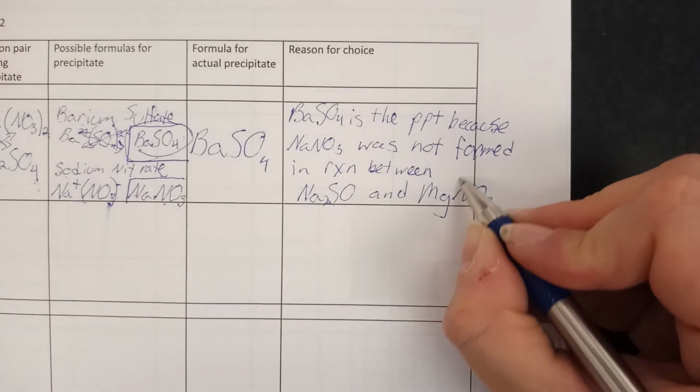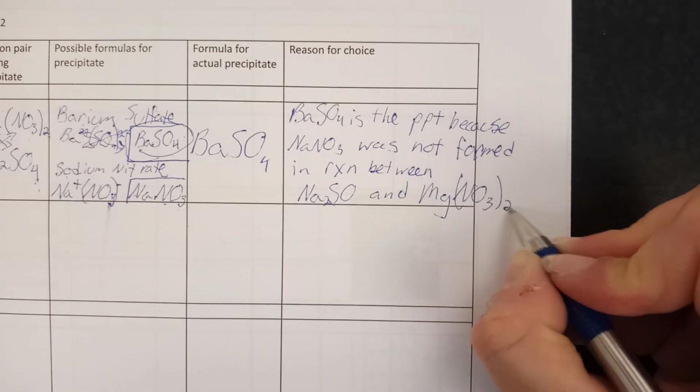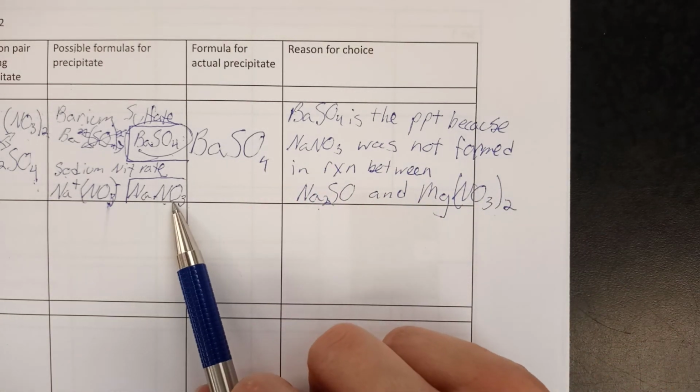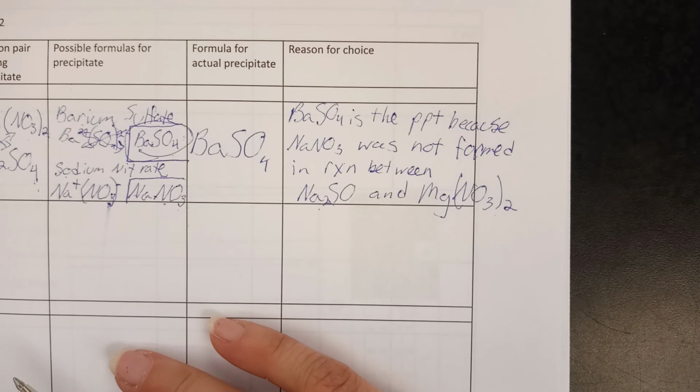When I put sodium sulfate and magnesium nitrate together, I didn't get a precipitate, so this can't be my precipitate, and it has to be that barium sulfate.